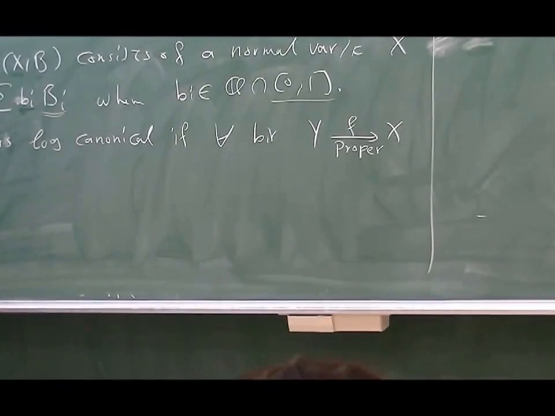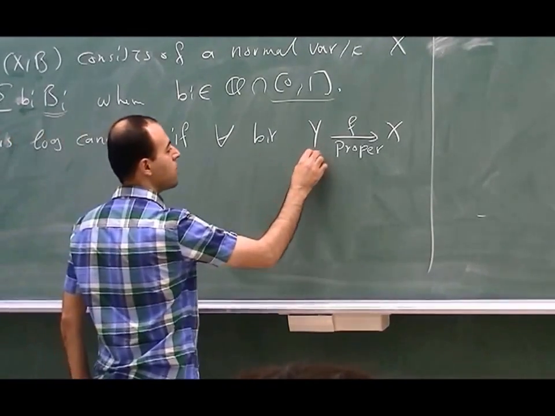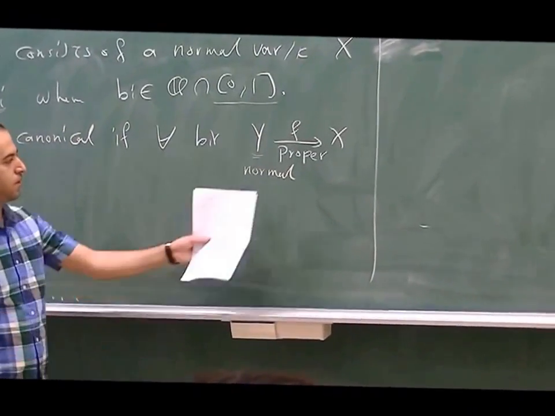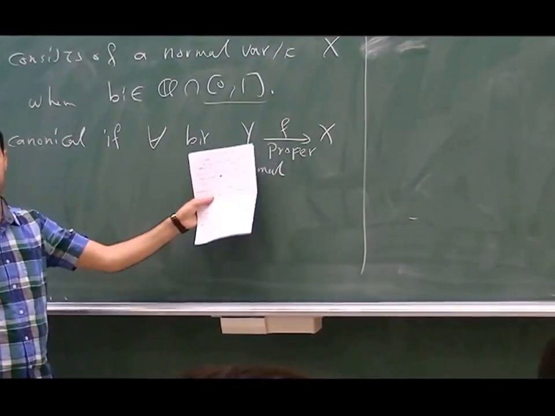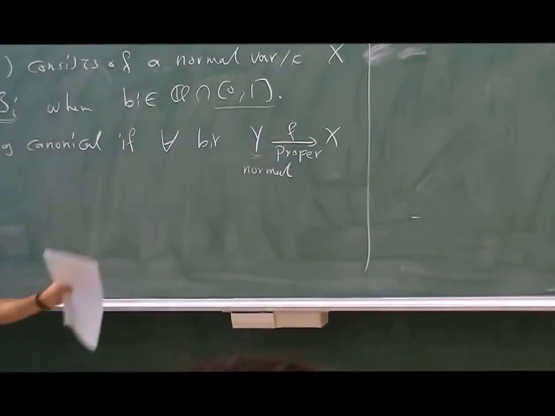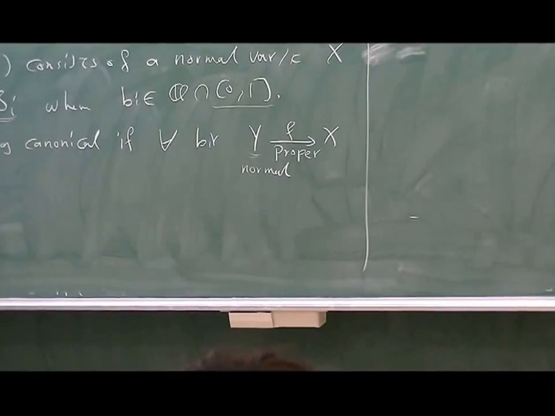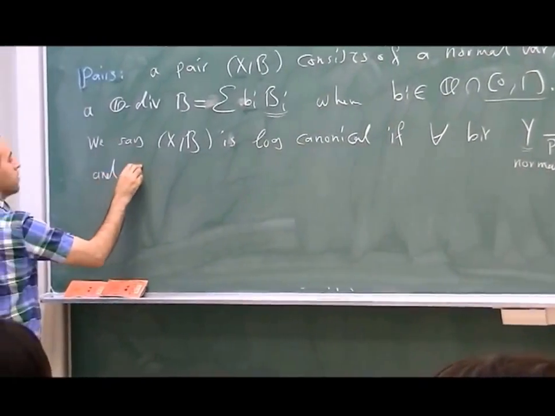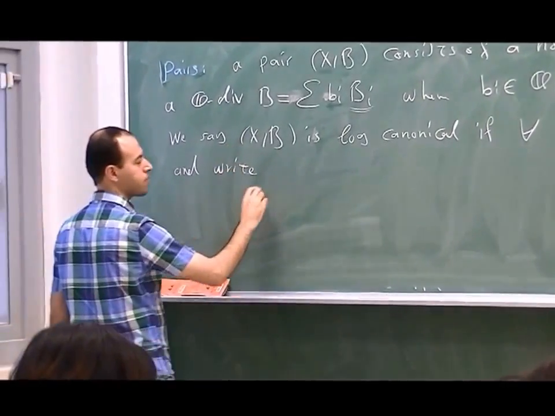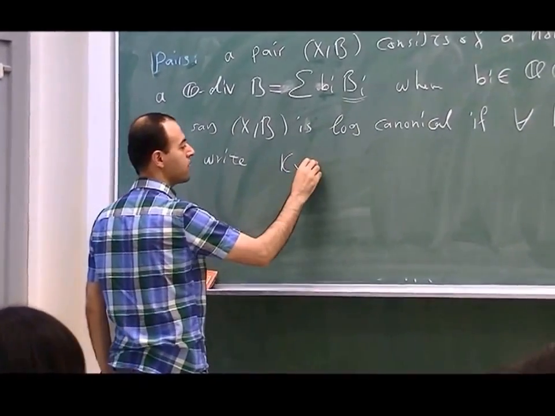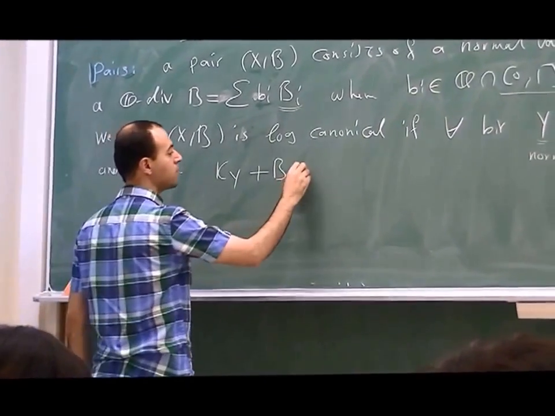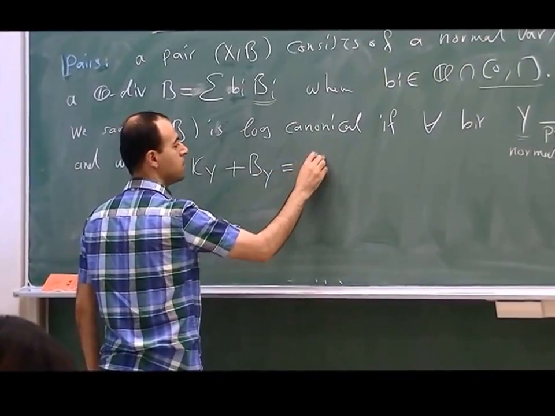And you can also assume that Y is normal. So for example, the most important case will be when you take a resolution, if you know there is a resolution. So if you take any birational map of this form, then for some more or less trivial reasons, you can write a formula of this form.